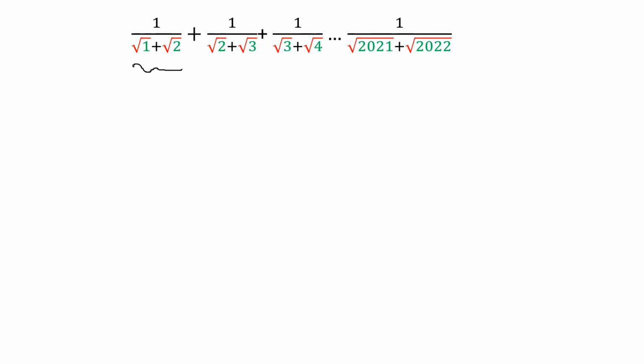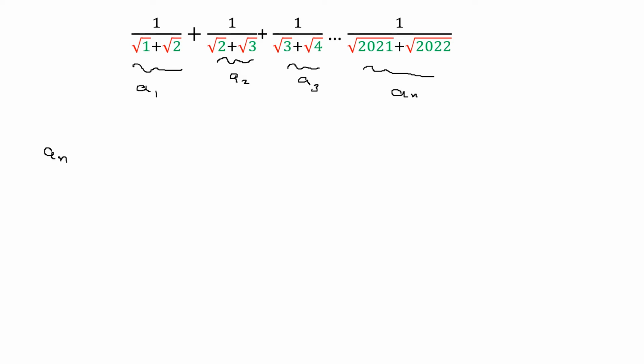So this is our A1, and this is A2, and this is A3, and so on. Let's say this is a_n with n some number. From here you can see that this number is actually 2021. So n is 2021.